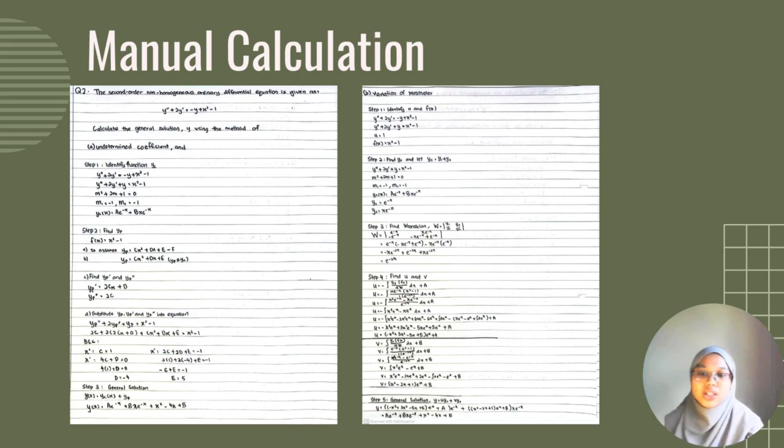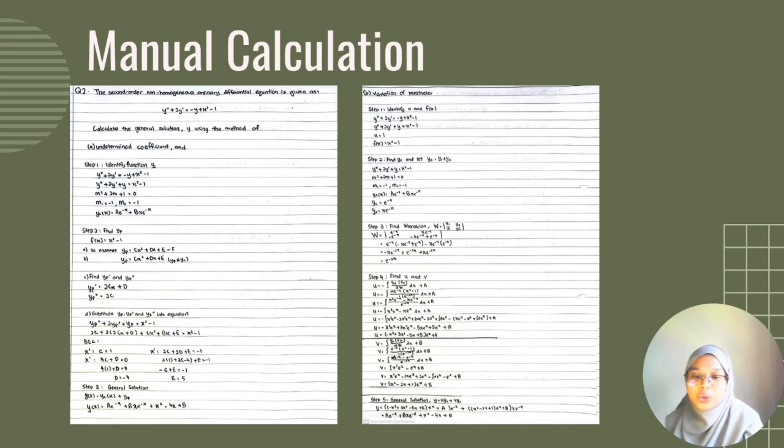And the last step is the general solution, which is y is equal to u y1 plus v y2. So we must insert all these values into the general solution. First, we multiply a by e to the power of negative x, plus b multiplied with x e to the power of negative x.